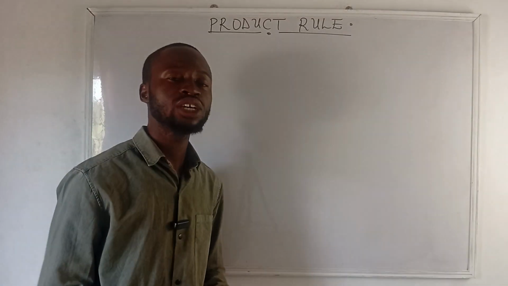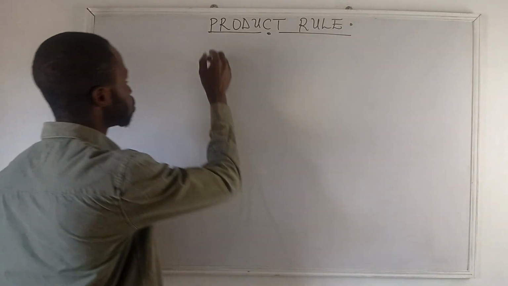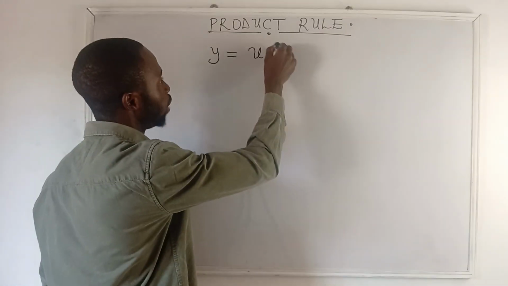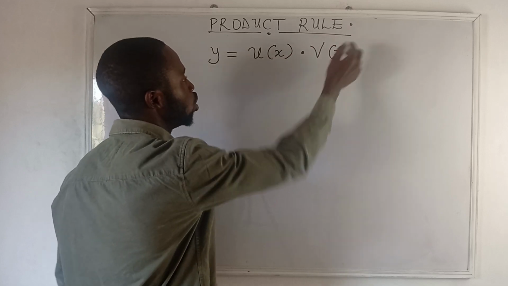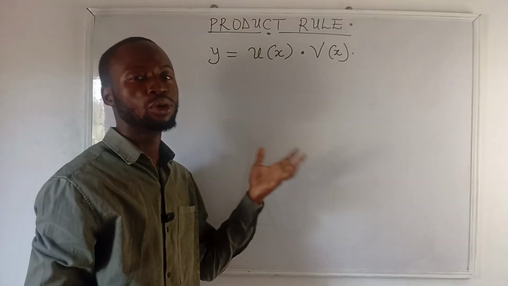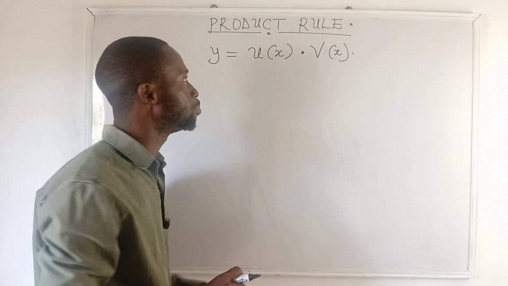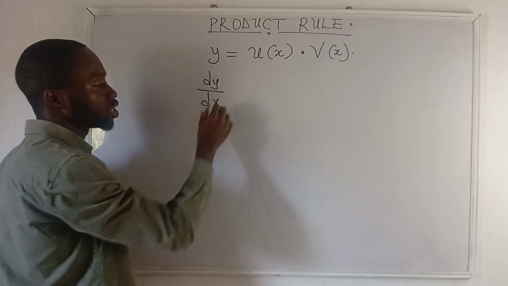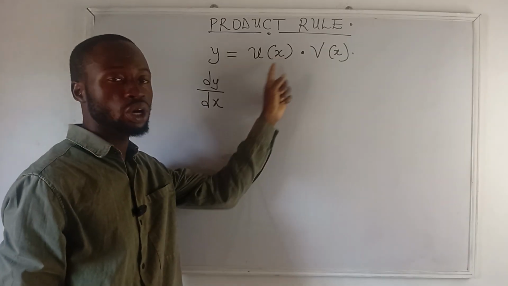Given y equals uv, since we are saying functions are multiplying themselves, so given y equals uv, or we say u of x multiplied by v of x, that is when two functions are multiplying each other, the product rule formula is given by dy over dx. That basically means that you are differentiating y with respect to x.